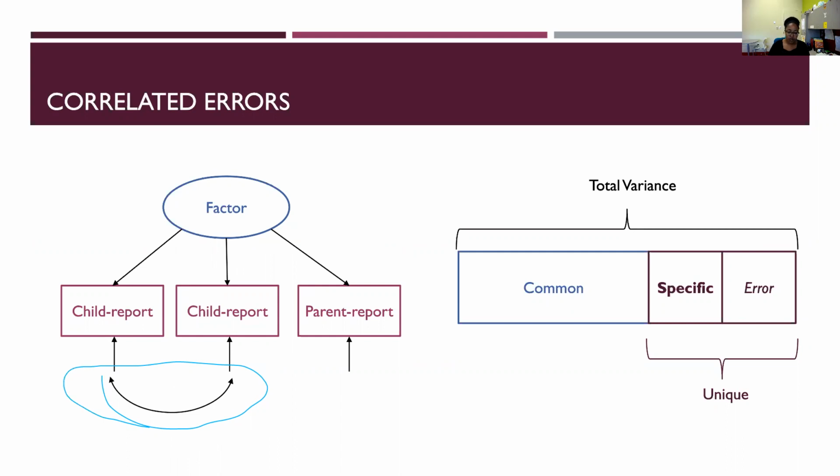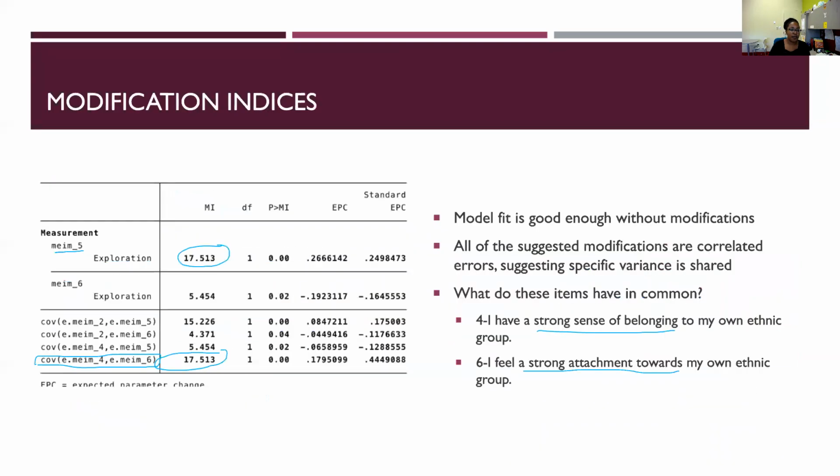So another thing you might see is that there is overlap in wording. So when we get to the MEIM here, item 4 and item 6 have a very strong overlap in wording, a strong sense of belonging, a strong attachment. So that connection in wording could be what's causing this modification index here to say that our model might fit better if we allow these to correlate, right?